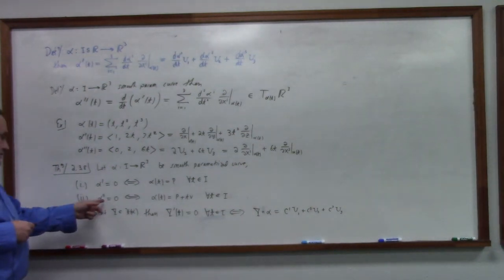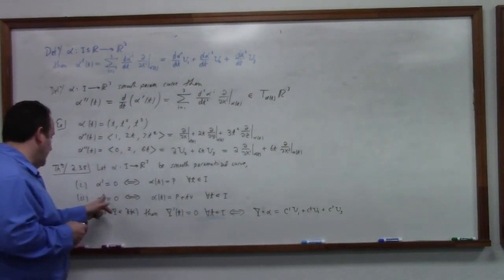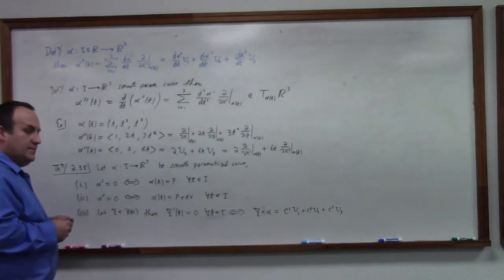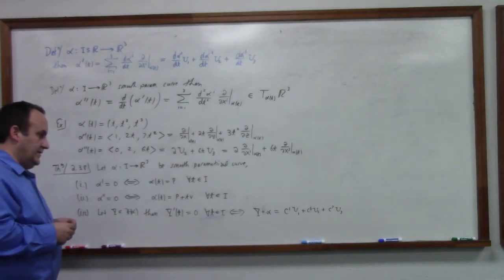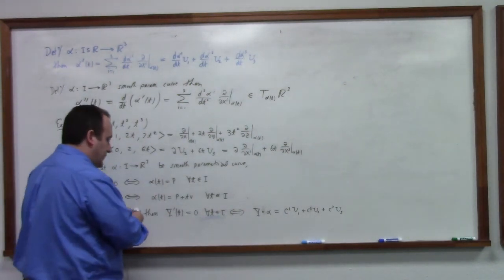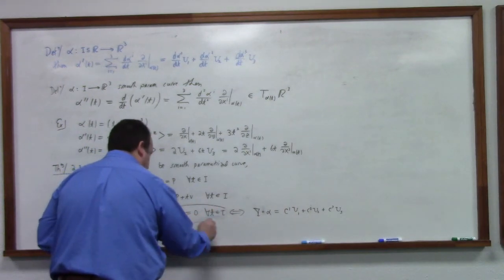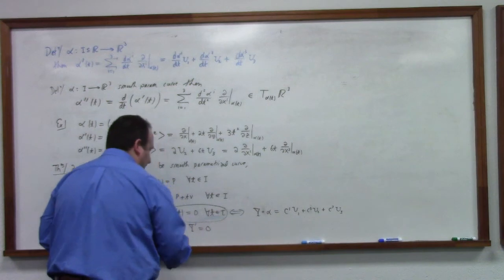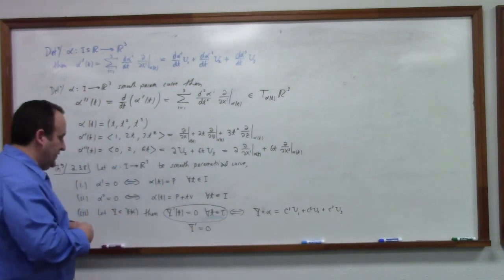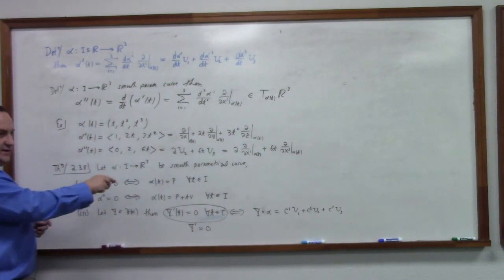This one says alpha prime prime is equal to 0. Like this last one, you could also replace this whole expression here with y prime equals 0. Now, before we prove this, what is item 1?